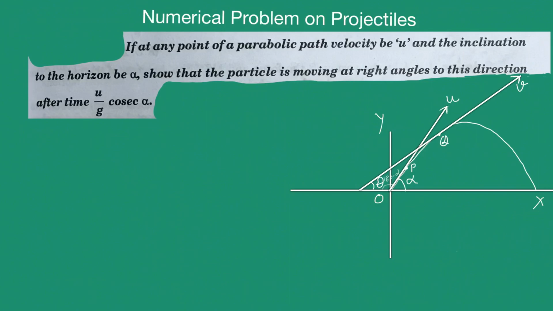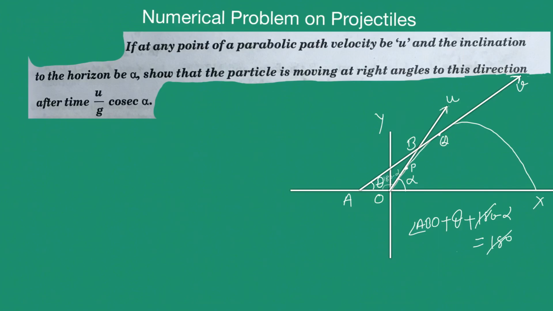If I name this as A and this point as B, then angle ABO plus theta plus 180 minus alpha, the sum of the angles of a triangle, is equal to 180 degree.